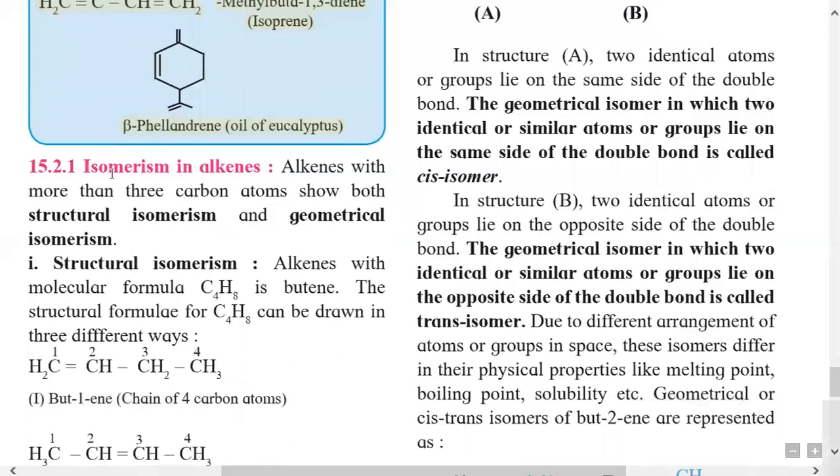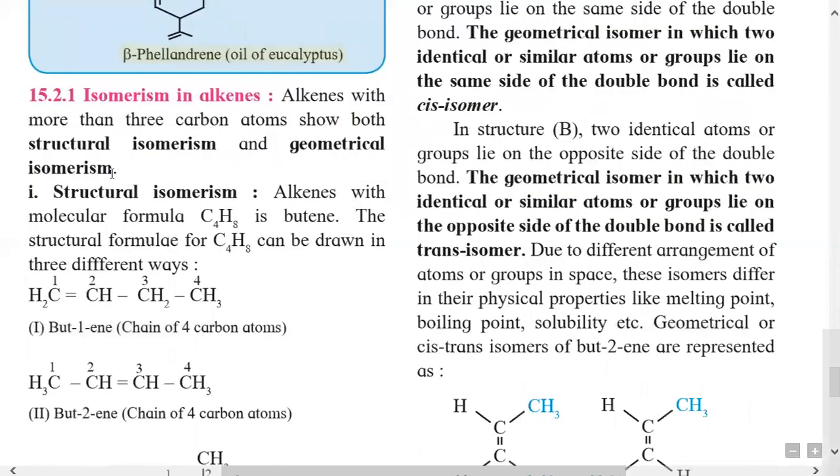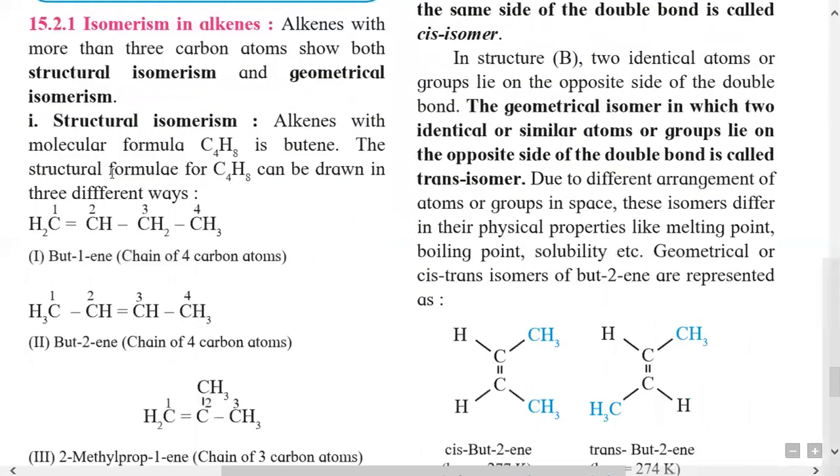Now we will study isomerism in alkene. First, what is isomerism? Isomerism means compounds having the same molecular formula but different structural formulae are called isomers, and this phenomenon is known as isomerism.